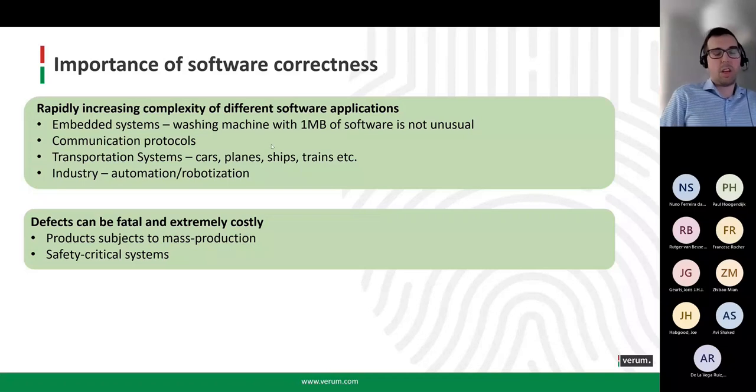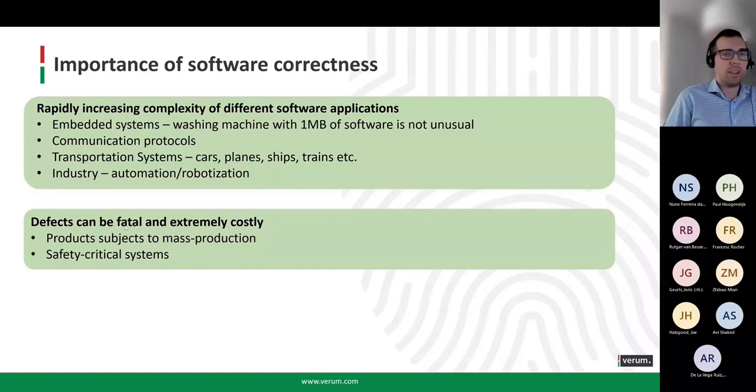We have a lot of new communication protocols and far more advanced transportation systems. And because we are trying to cut costs as much as possible, we are robotizing and automating our industry. Because of that, plenty of bugs and defects are introduced, and the current techniques we're using may not be enough to solve that problem.